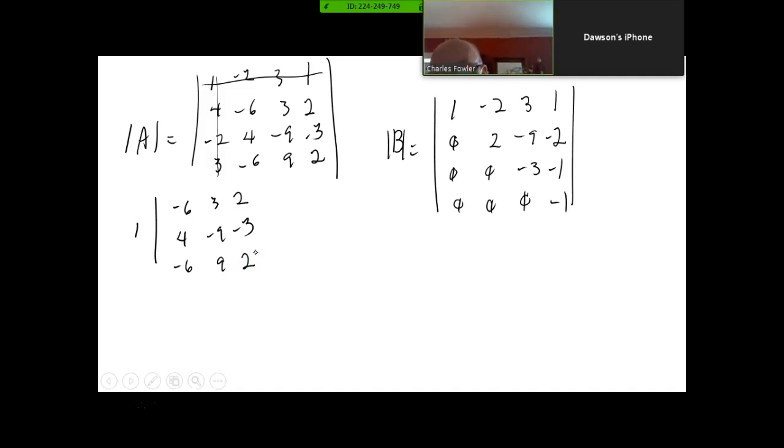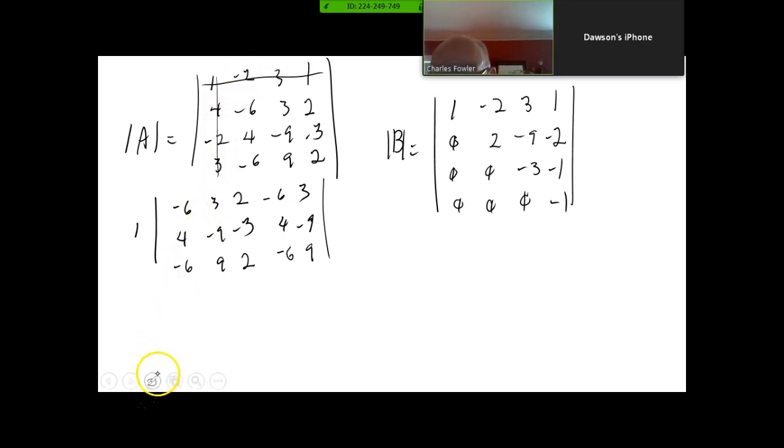And since that's a 3 by 3, I'm just going to expand and do -6, 3, 4, -9, -3, -6, 9. Okay? Now that's not really a determinant, even though I'm using that same symbology, but it's not. So let's do, okay, that's going to be the first one, okay?